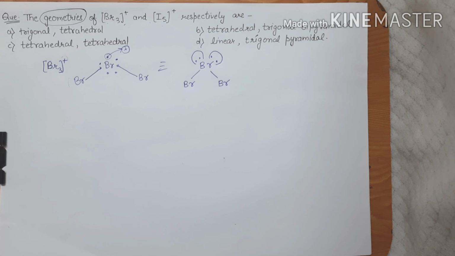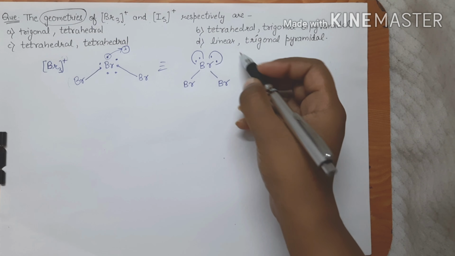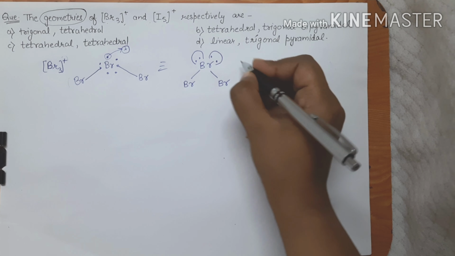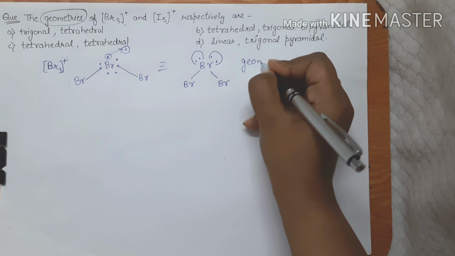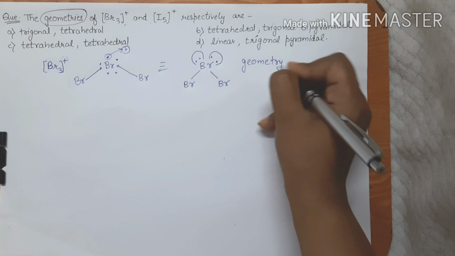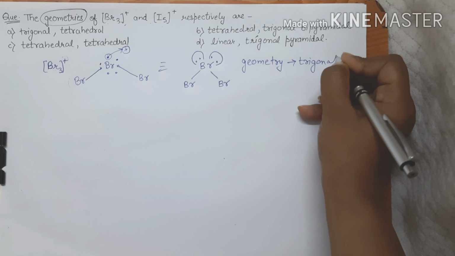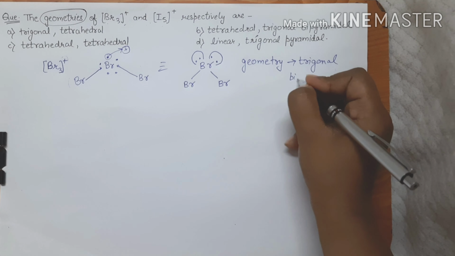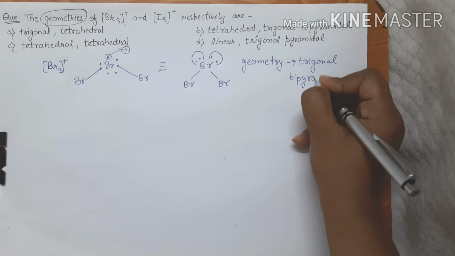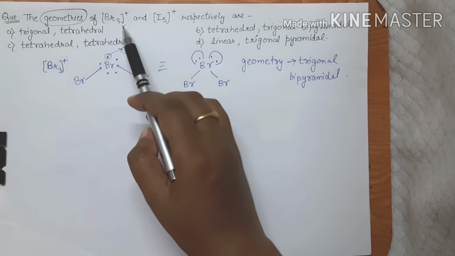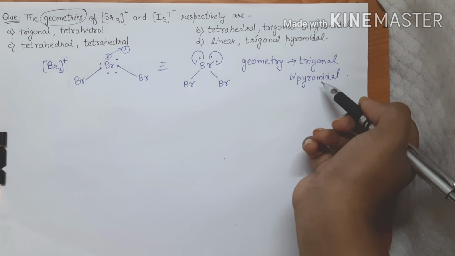So this is going to be basically the geometry of Br3 positive. This type of geometry is called trigonal bipyramidal geometry, right? So Br3 positive is going to have trigonal bipyramidal geometry.